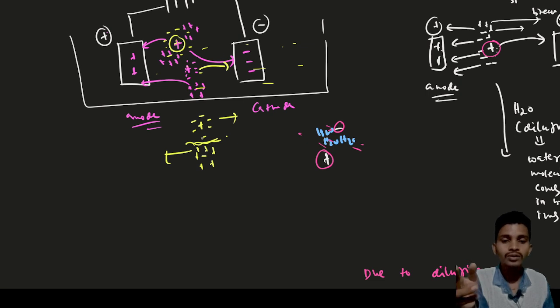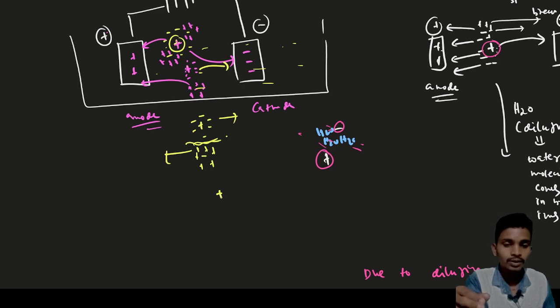So in solutions, this positive charge is in the negative sphere, and this negative charge with a positive sphere. When they are moving, this positive charge is moving along with the negative charge sphere, and this negative charge is moving along with the positive charge sphere.